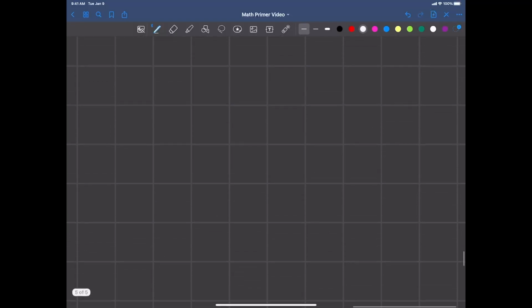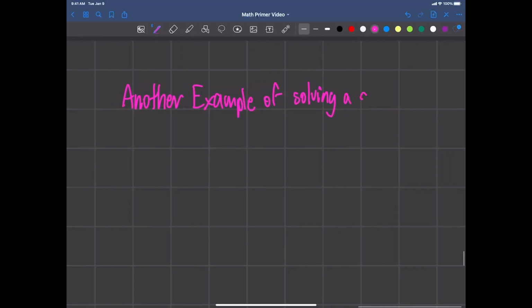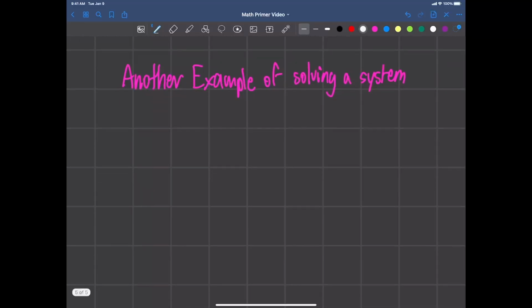Now, here's another example of solving a system. On the left, we're going to have the system of equations.